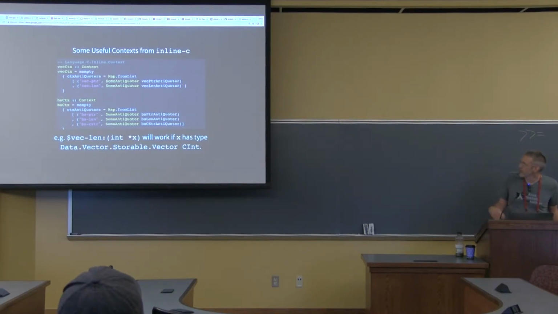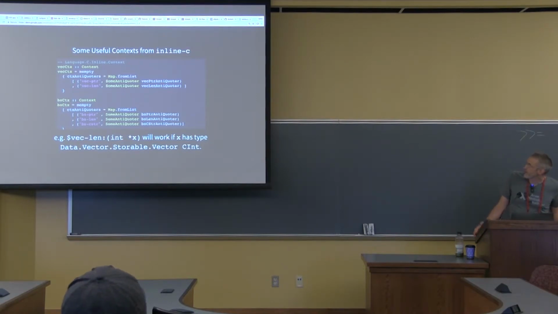It's, I think, a historical quirk that byte strings are not implemented as vectors of chars, or vectors of word 8s in the Haskell case, but they're isomorphic. And then byte string gives you one more anti-quoter just in case you want to null terminate a string and turn it into a C string.